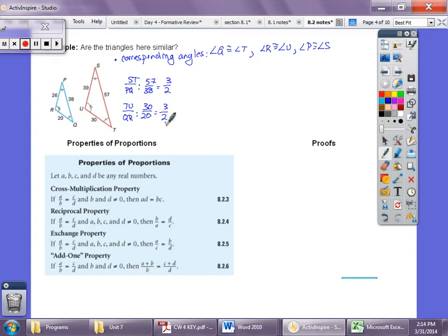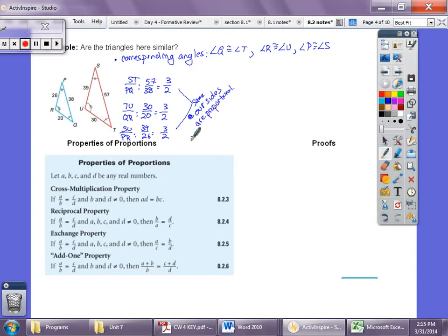And then the last one is SU to PR, which is 39 over 26, which gives us 3 to 2. So these are all the same, which means our sides are proportional.